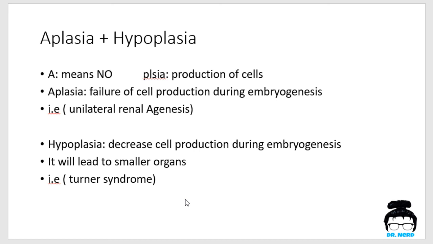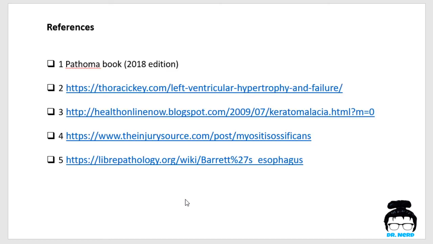The most common example of that is Turner syndrome, and you can Google it and see how small the organs in Turner syndrome patients are. So that's all about cell adaptation. Hope you get the benefit from that.